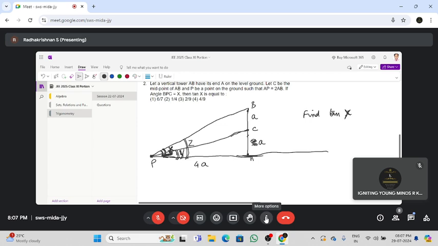What are you trying? Please tell me what you are doing. Sir, I'm trying, but I've not gotten anything so far. Okay, how are you trying? I've tried to find a ratio sort of, but it's not working, sir.